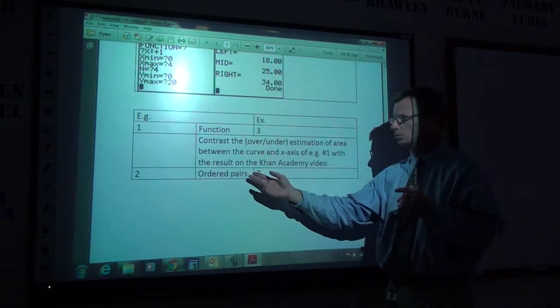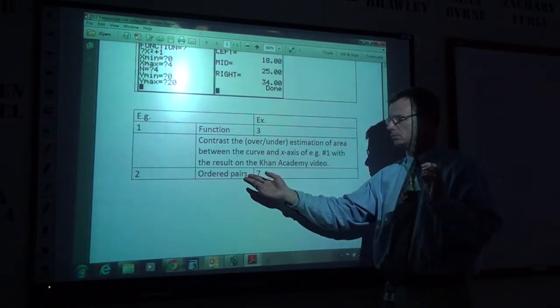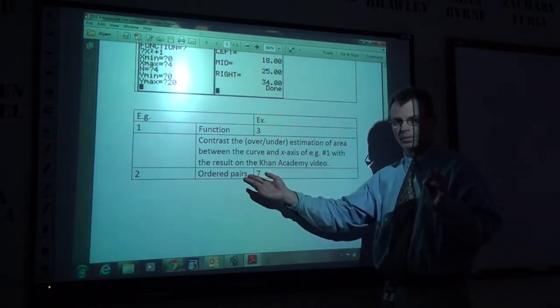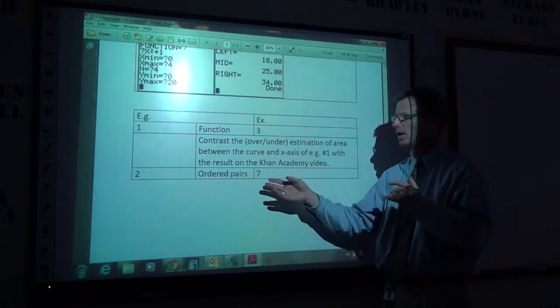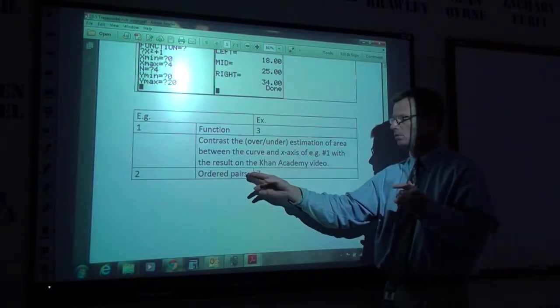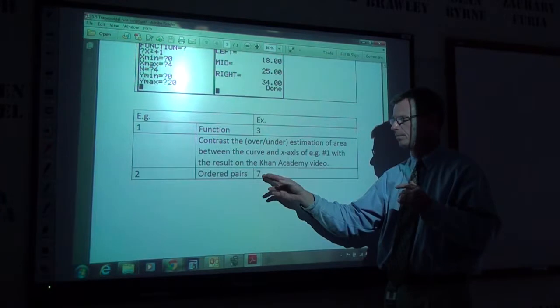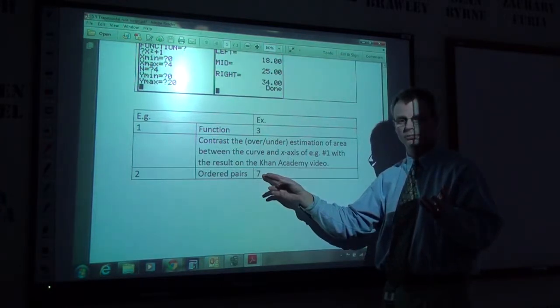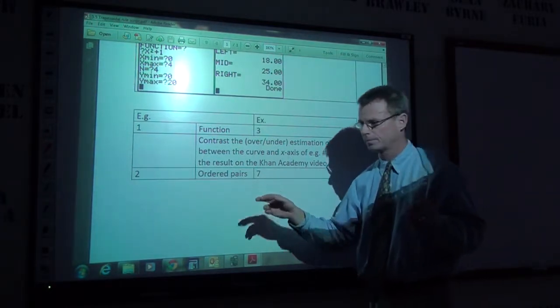Example 2 is ordered pairs, although it is a continuous function, and then you're going to take that and try to do exercise 7. Okay?